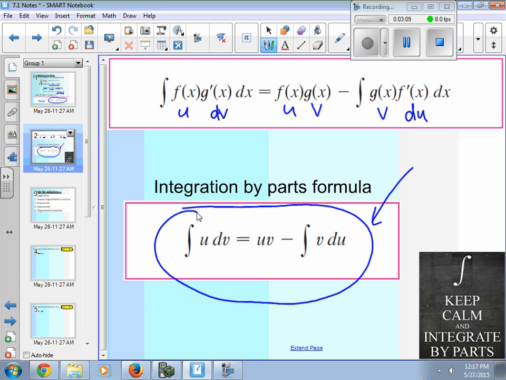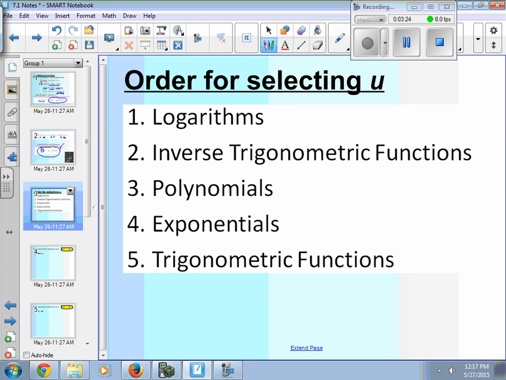Now, when we're doing this, we need something to help us figure out what we're going to select as this function, because if we can pick that right, then it should help us figure out the rest of the problem. So we have kind of an order that we're going to use to help us select what the function u is going to be.